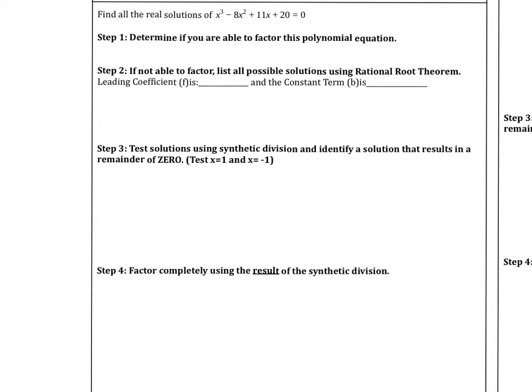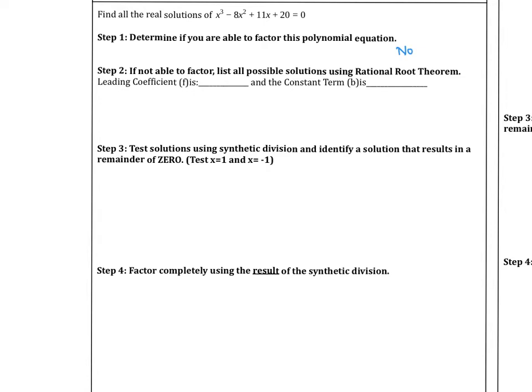So it means that if you can take out the common factor or do the grouping. In this case, we cannot factor this, so we just have to say no. We cannot factor it by grouping or by taking the common monomial.